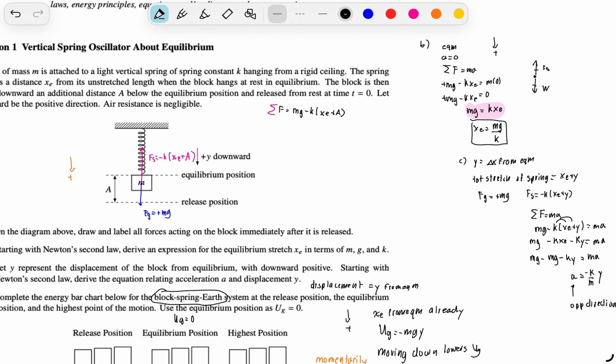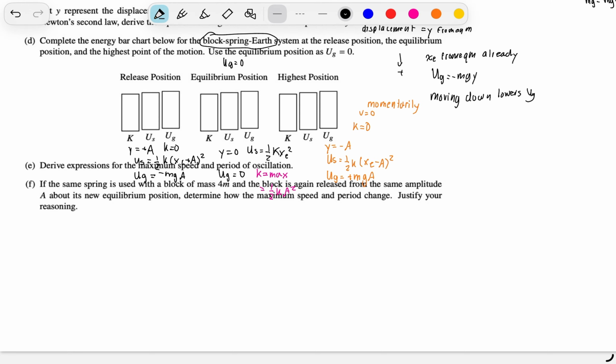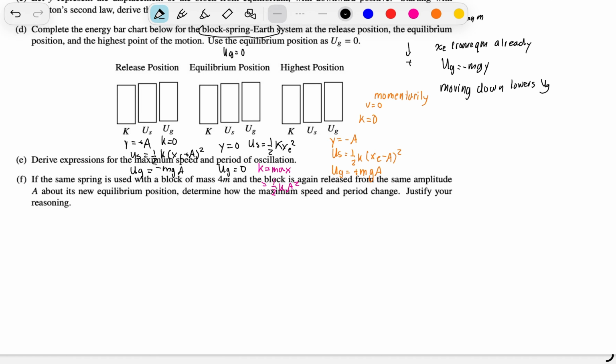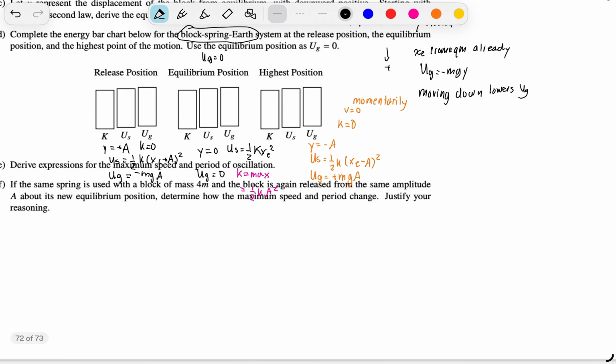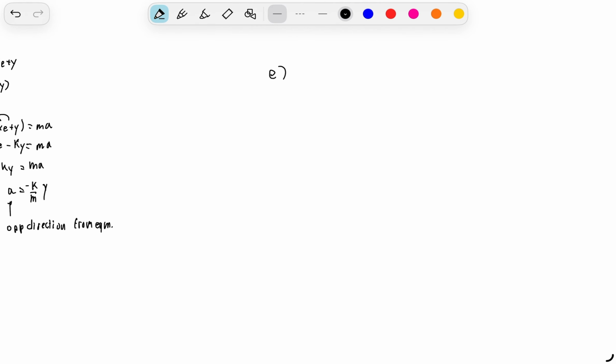Now, for part F, we're asked what's going to happen if we use the same spring, but with 4m, and the block is released again from the same amplitude A about its new equilibrium position. We want to find how v_max and period change. Originally, we had v_max is this.